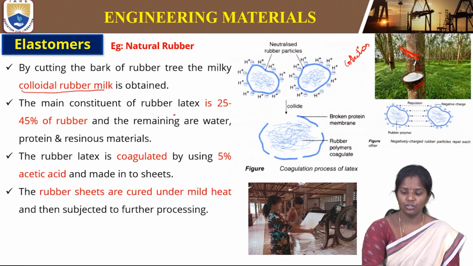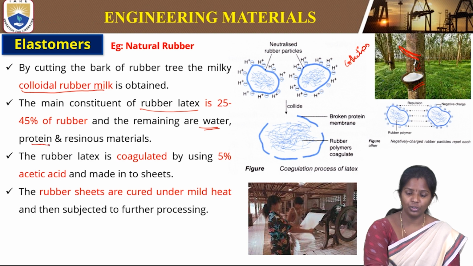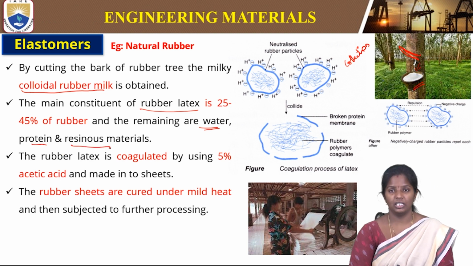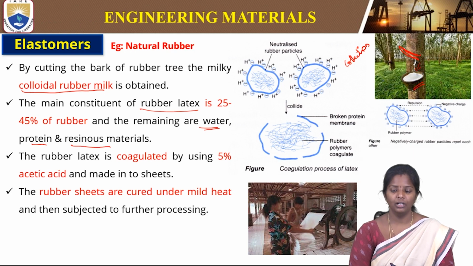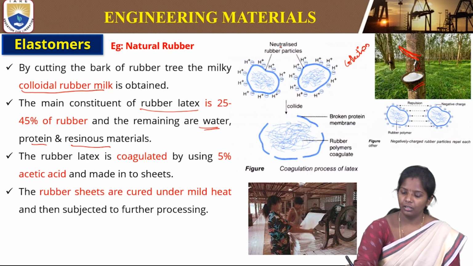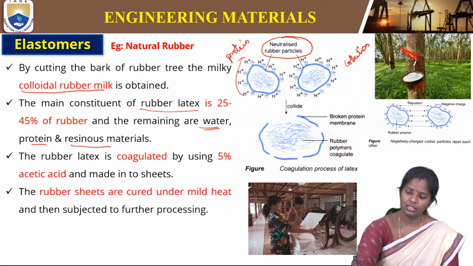The main constituents of this rubber latex are 25 to 45% rubber, and the remaining is water, protein and resinous material. When there is protein along with the rubber, neutralized rubber particles form because of this protein layer. This is the protein layer. The rubber material is covered with a protein layer.